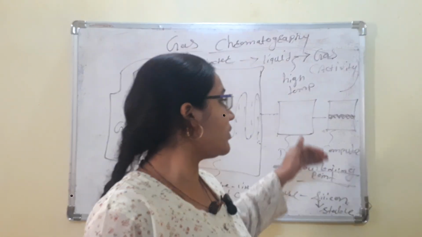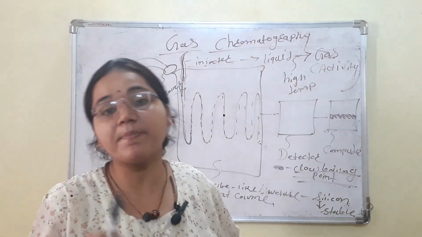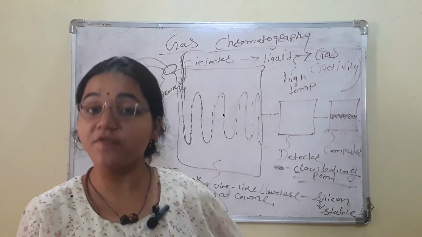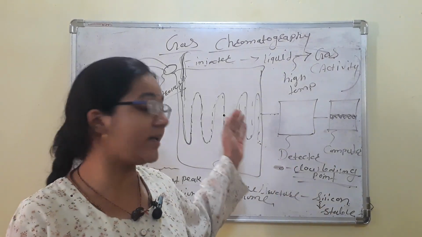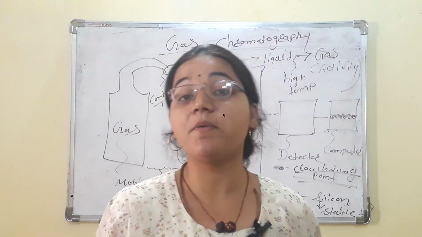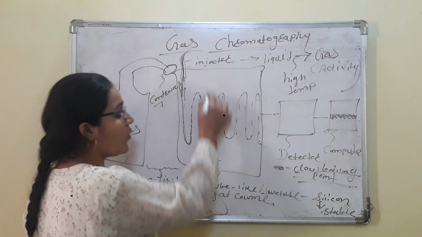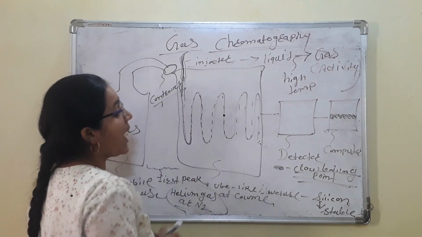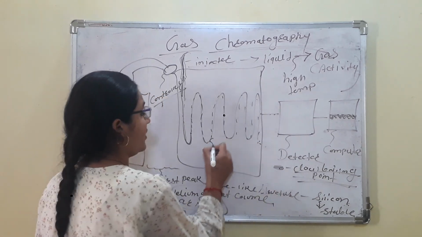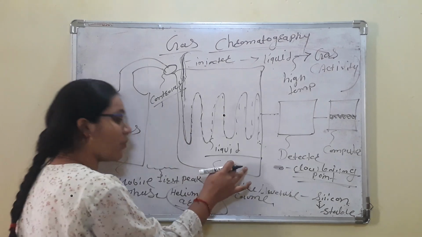So guys, this is a very beneficial technique, and it is also called vapor chromatography and gas liquid partition chromatography, because the gas flows into the column, and the stationary phase, for example, is a liquid. So this technique is called gas liquid chromatography, and if the stationary phase is a solid form, this technique is called gas solid chromatography, depending on the stationary and mobile phase.